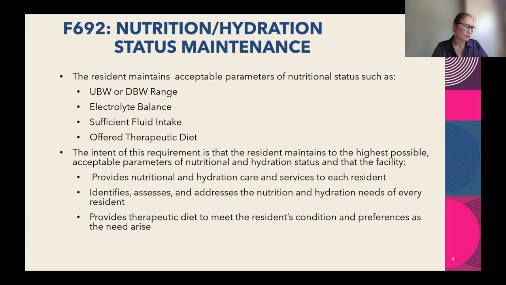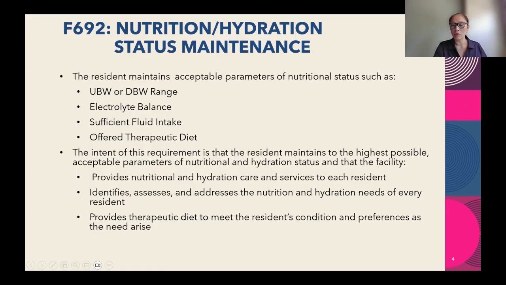And then the last here is that the resident is offered a therapeutic diet when there is a nutritional problem and the healthcare provider orders a therapeutic diet. Now, the intent of this requirement is that the resident maintains the highest possible acceptable parameters of nutritional and hydration status, and that the facility provides nutritional and hydration care and services to each resident.